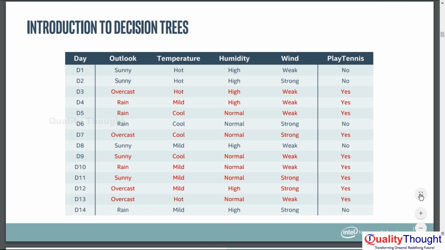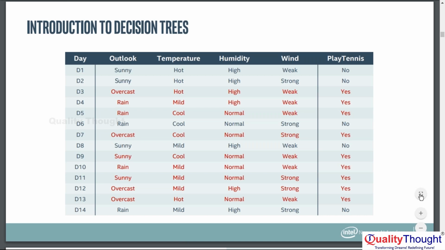Based upon the given parameters, we need to understand whether we can play tennis or not. For example, let us go ahead with day one. Outlook is sunny, temperature is hot, humidity is high, and wind is weak. So can't play tennis. The answer is no. The result is no.